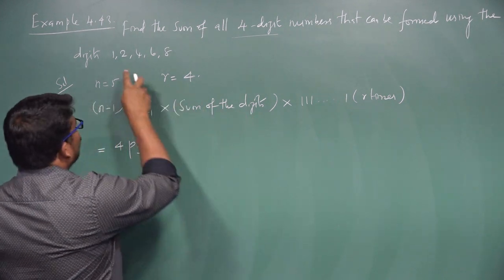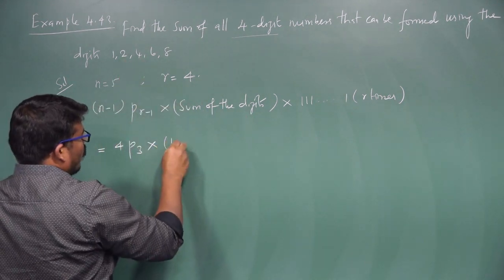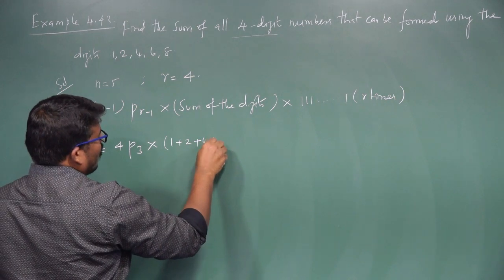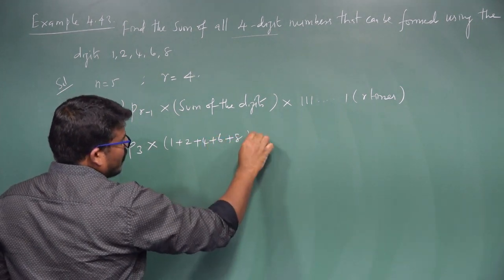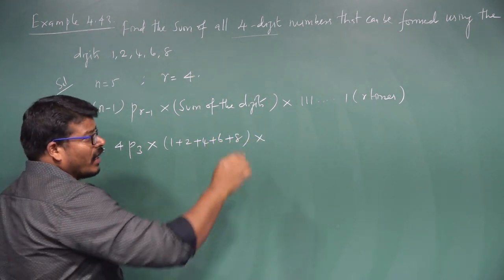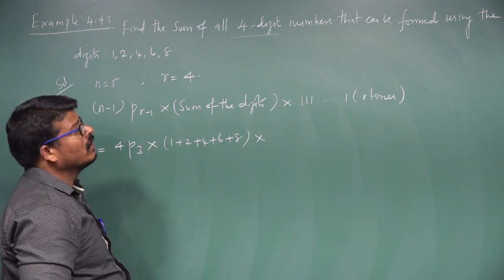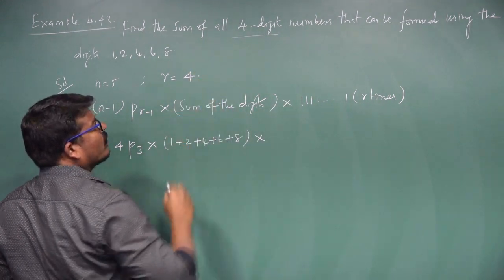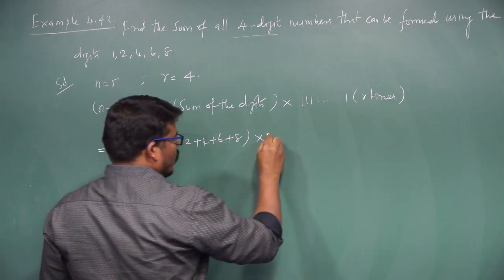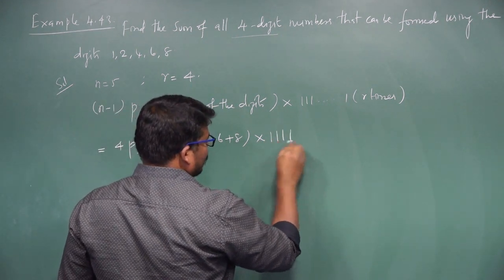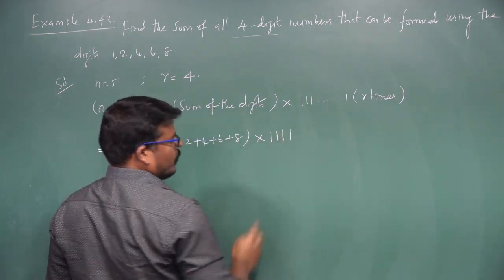The sum of the digits is 1+2+4+6+8, into 1, 1, 1, r times. Here r is 4, so writing four ones: 1, 1, 1, 1. That equals 4P3 into the sum of the digits into 1, 1, 1, 1.